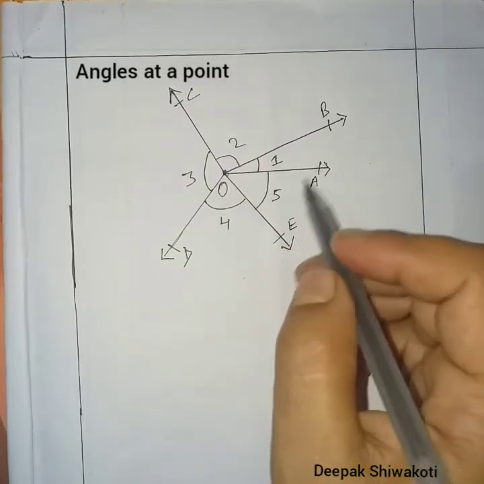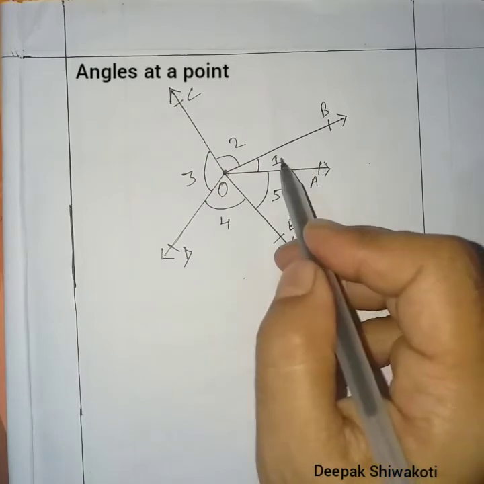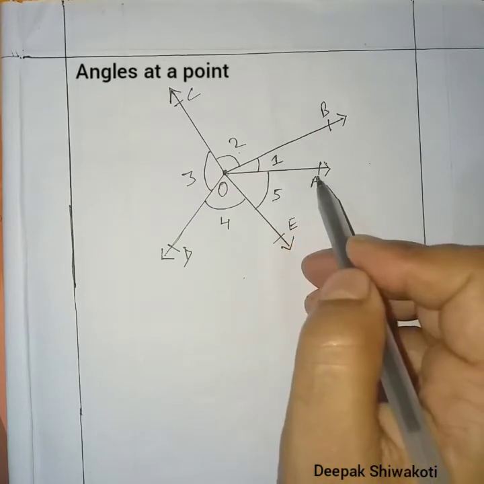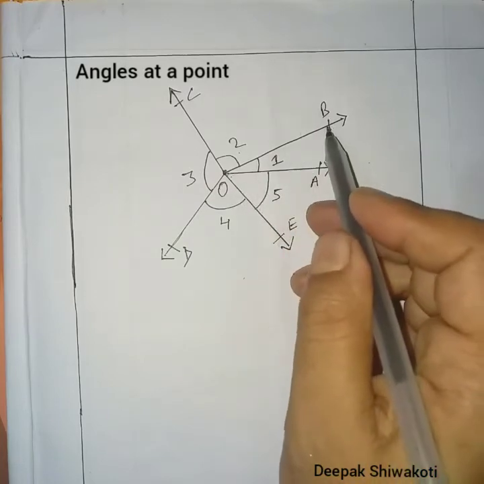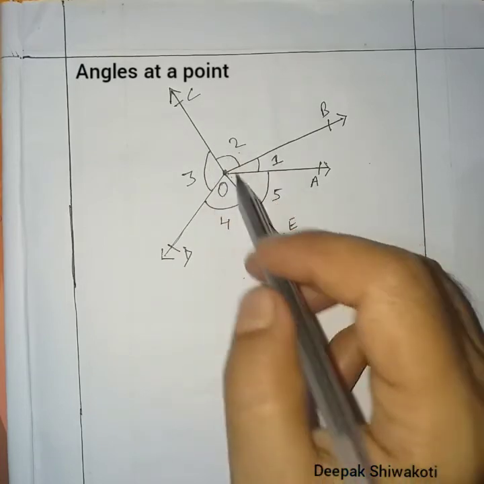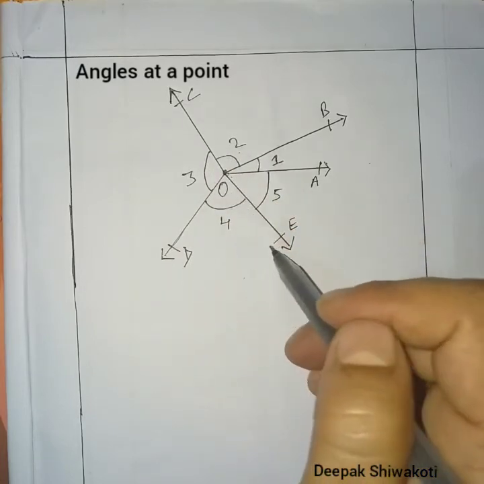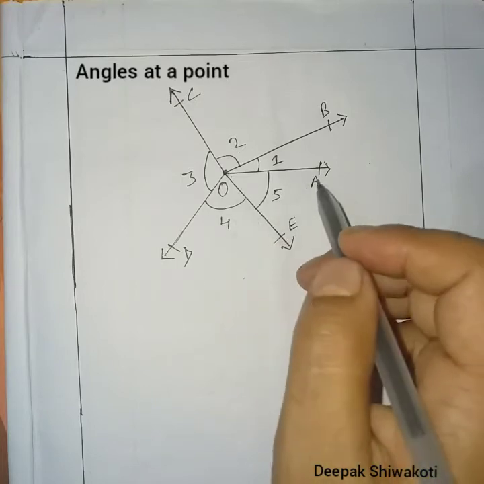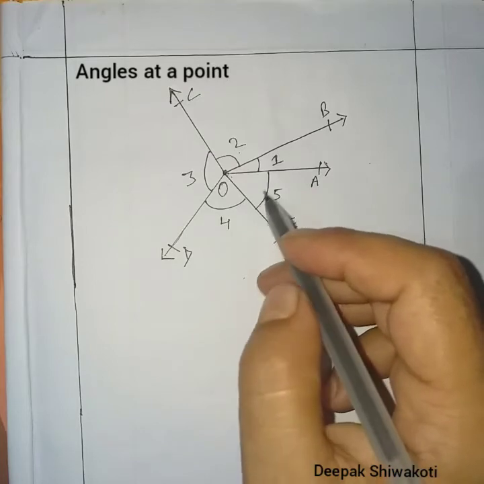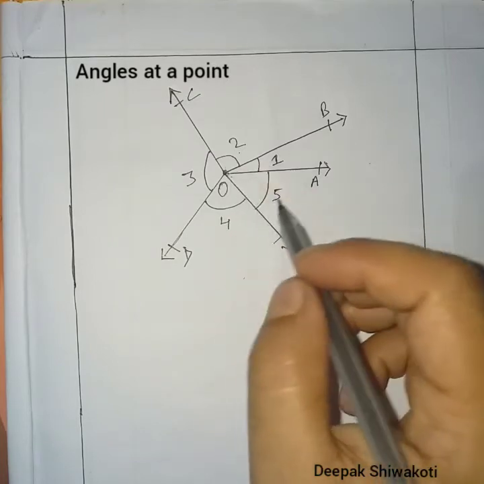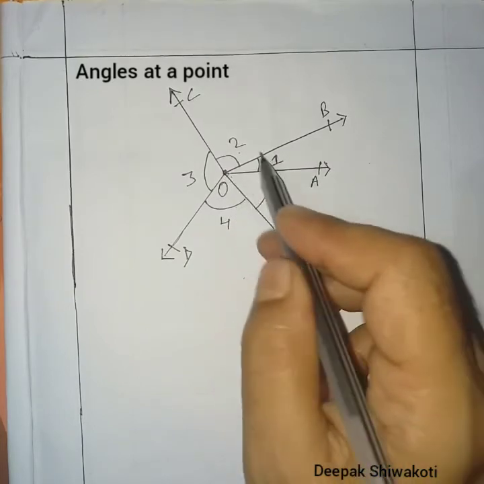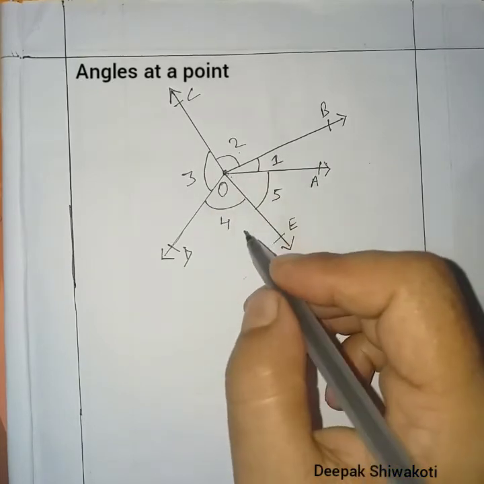So if we add these angles 1, 2, 3, 4, 5, that means the measures of angle AOB, angle BOC, angle COD, angle EOD, and angle AOE. If you add the measures of all these angles, then how much is the total? The angle at a point will be equal to 360 degrees.